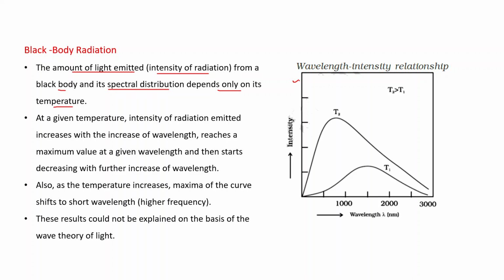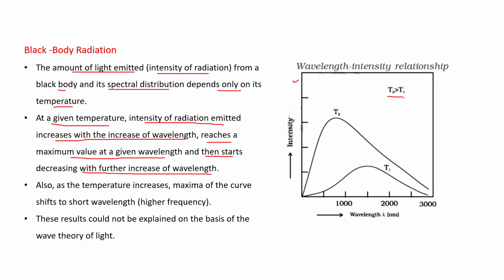Two things we can observe from this graph. At a given temperature, the intensity of radiation emitted increases with the increase of wavelength, reaches a maximum value at a given wavelength, and then starts decreasing with further increase of wavelength. In this case two temperatures are shown, T1 and T2.